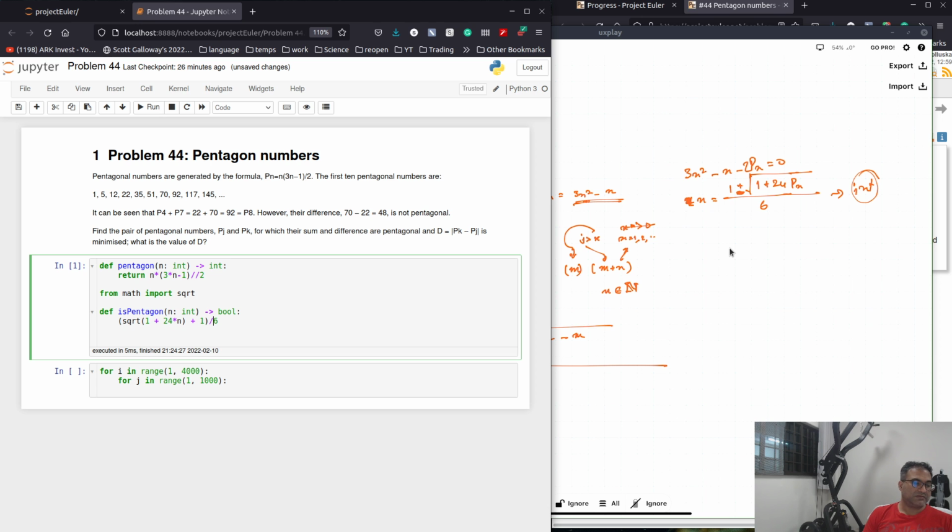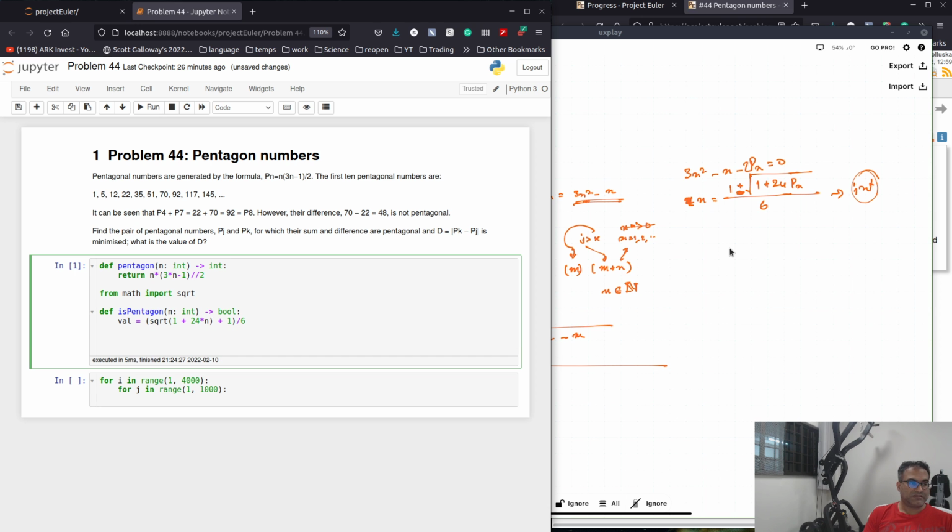So this value is 1 plus the square root of 1 plus 24n, by 6, yeah. And then val equals int of val. Okay, then that's the pentagonal number. Let's check it.